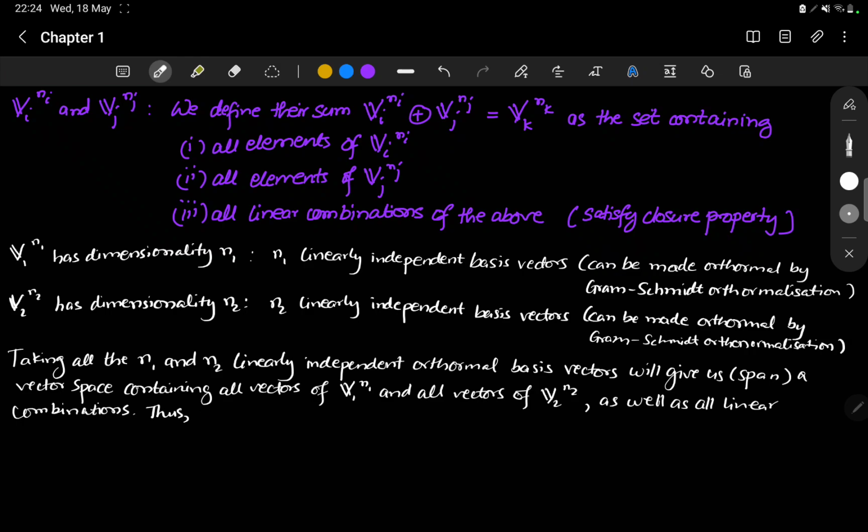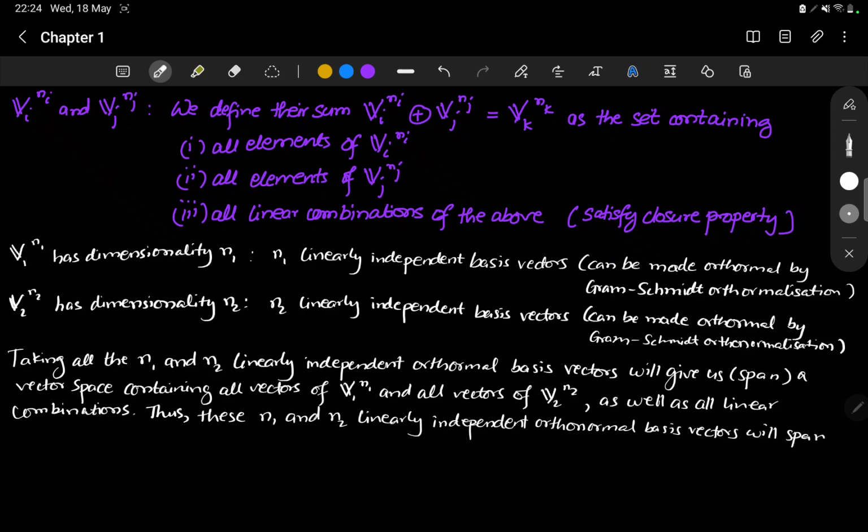So thus these N1 and N2 linearly independent orthonormal basis vectors will span the space V1 N1 ring sum V2 N2.